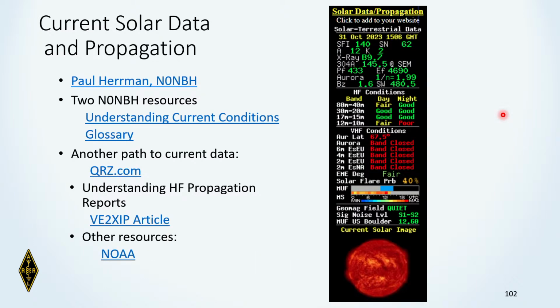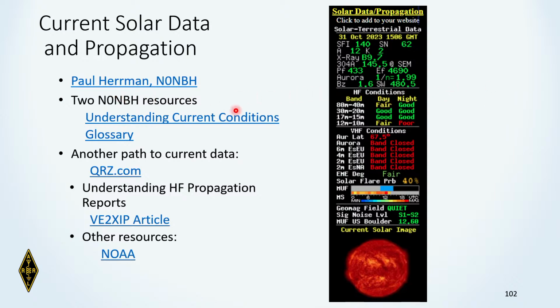The next one, if you've gone to QRZ.com, and as an HF operator you'll probably be doing that a lot because most hams will put their biographical information on QRZ. So people are going there all the time. This is one of the standard panels that shows up when you first open QRZ.